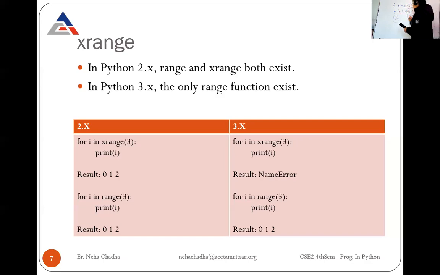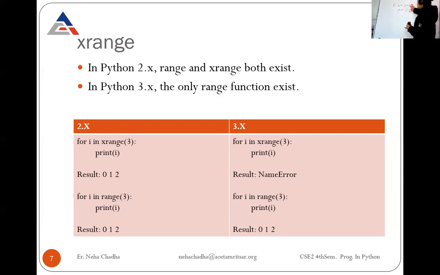This will be my loop iterations, meaning 5 times my loop will iterate. Coming to this part, I have written for i in range of 5 or 3. Then I am going to print the value of i.